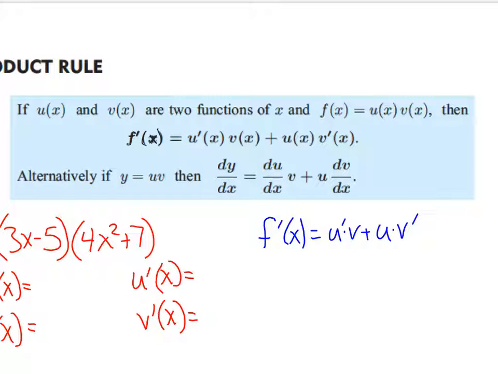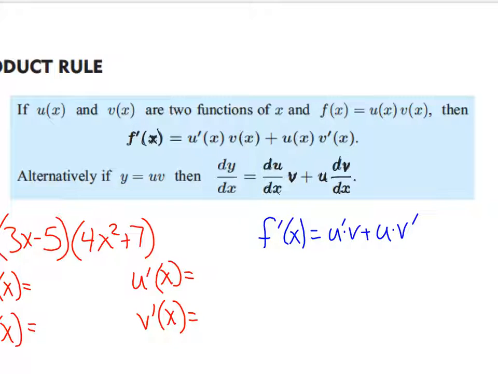In other words, the derivative of the first factor, du dx, times the original factor v, so du dx times v, plus the original factor u times the derivative of the second factor with respect to x, so dv dx.